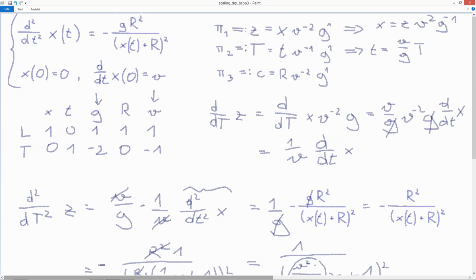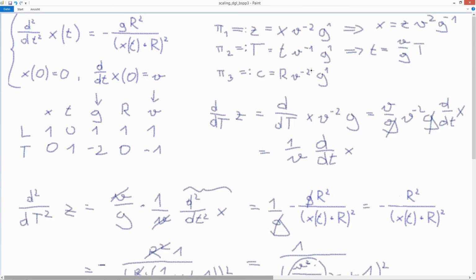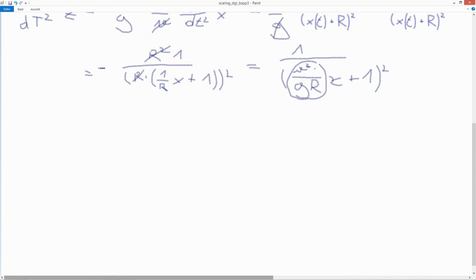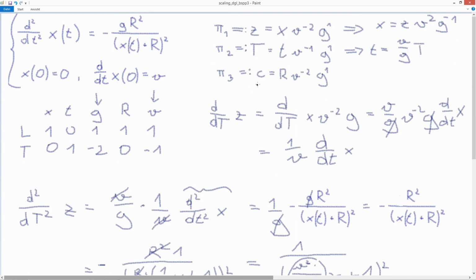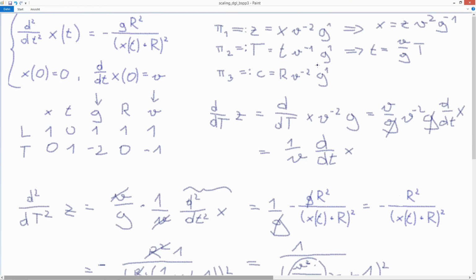And now let's take a look at this factor here. We have this factor here and we called it c. So this is r v to the power of -2 g, which is the same here, but we have to take the inverse of c. So these numbers here are with a minus sign here.